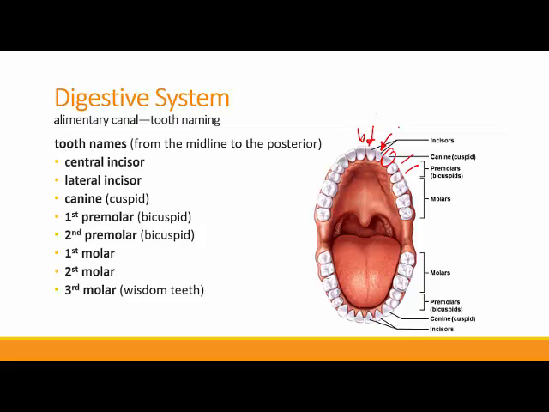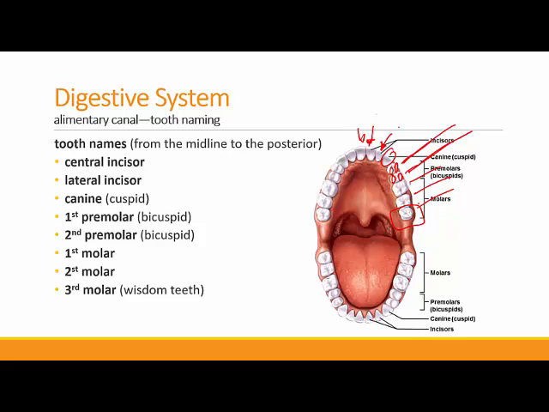First and second premolar, sometimes called the first and second bicuspid, because they have two biting surfaces here. And then the first, second, and third molar. And this last molar here is the wisdom tooth.